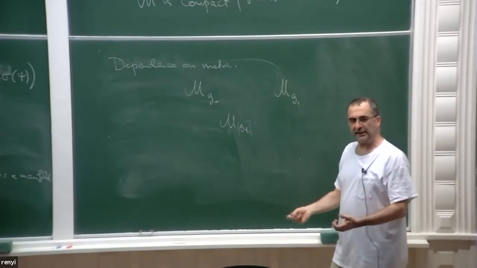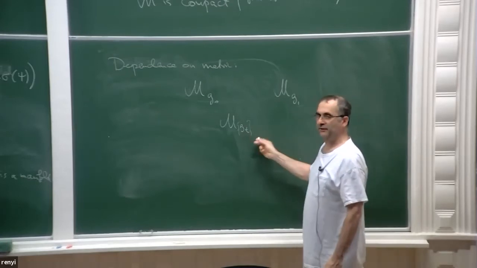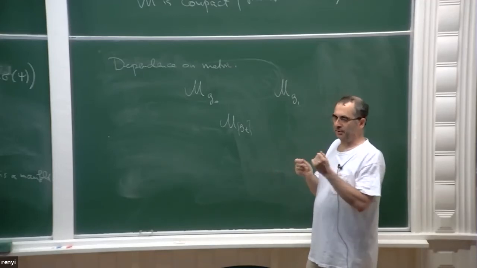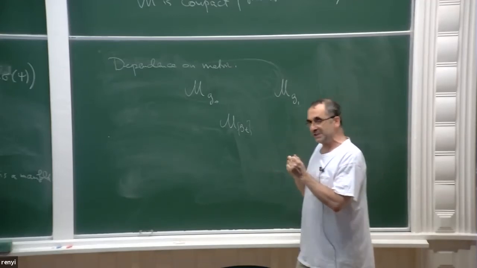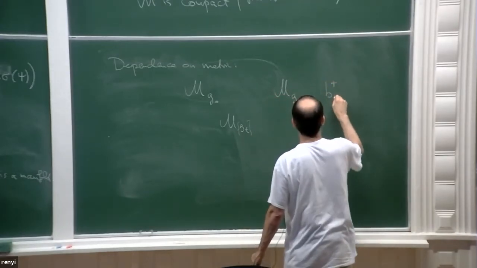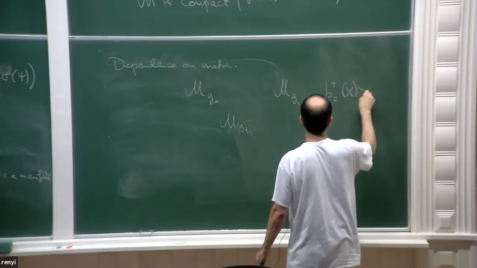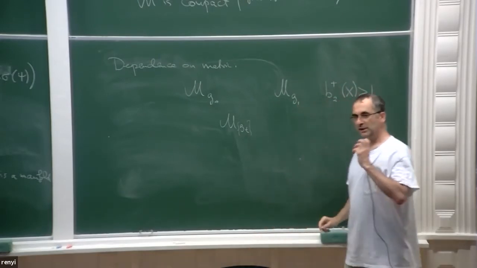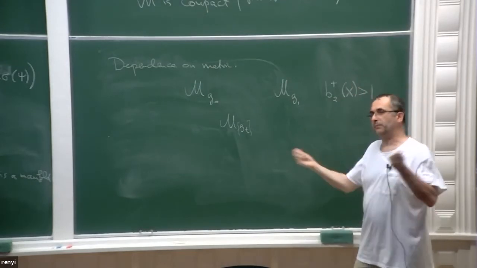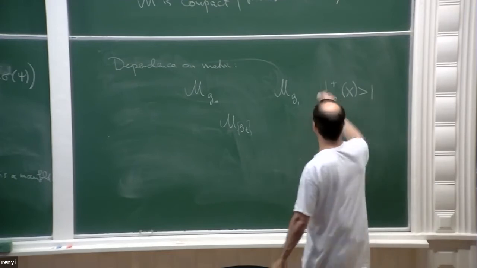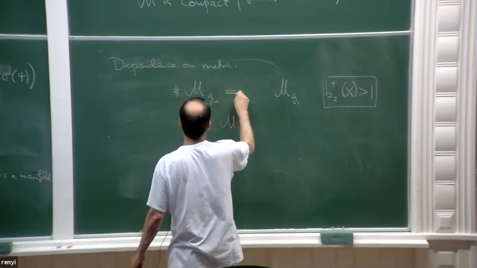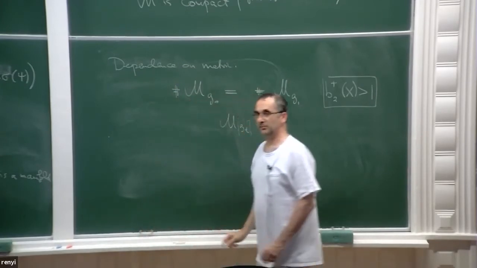Once again, for a generic choice of this path, this will be a manifold. We again have to worry about the potential problem of having fixed points of the group action. This can be avoided if we also assume that this b2 plus is bigger than 1. So it's not only for one particular metric we can avoid the problematic solutions, but a whole one parameter family. And once this is satisfied, we know that when we count these spaces with sign, we get the same number.